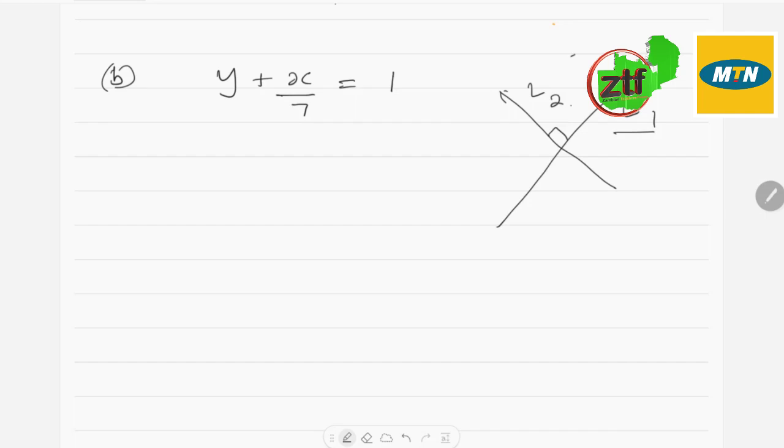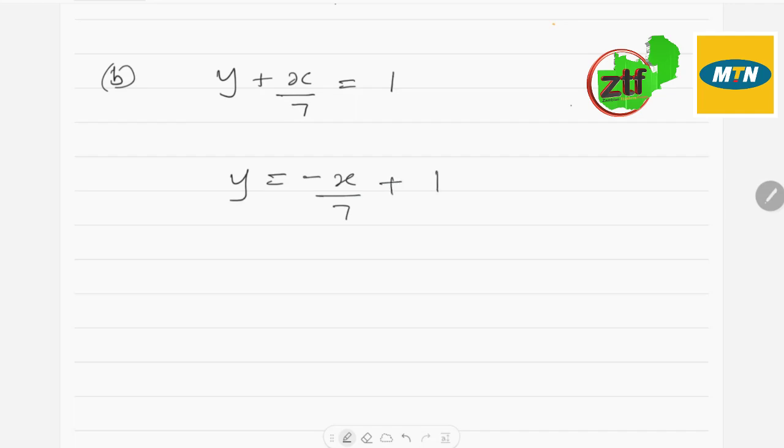I will first make y the subject. So we'll say y is equal to -x over 7 plus 1.